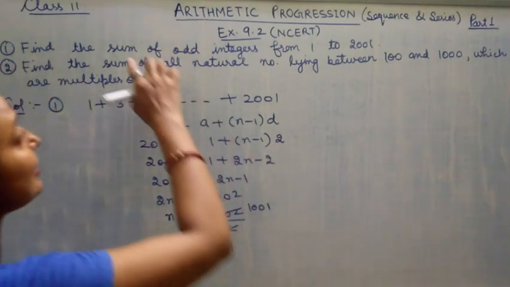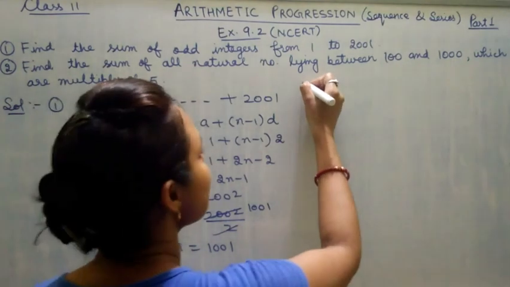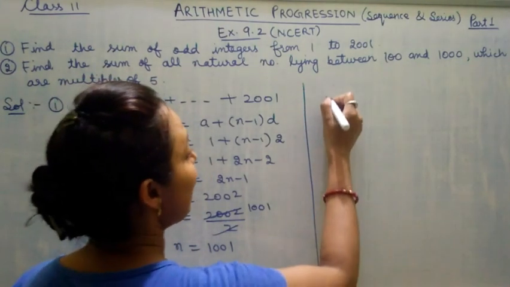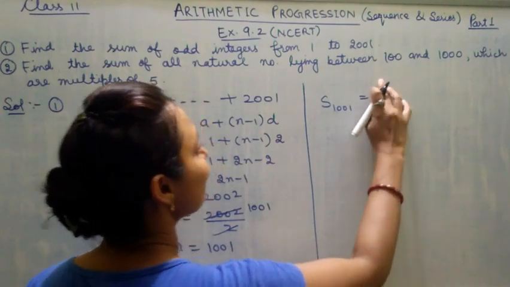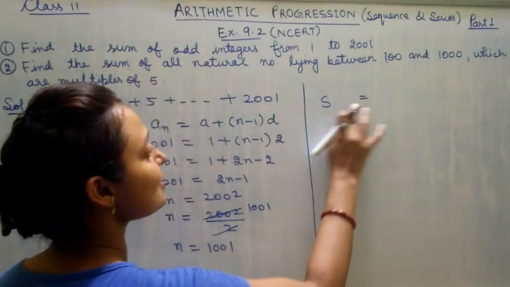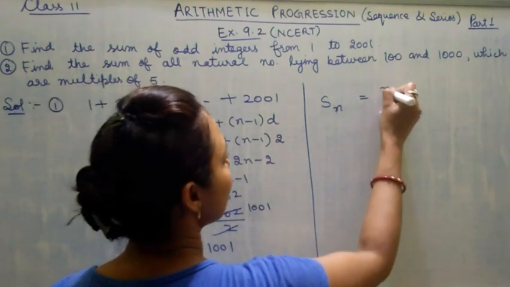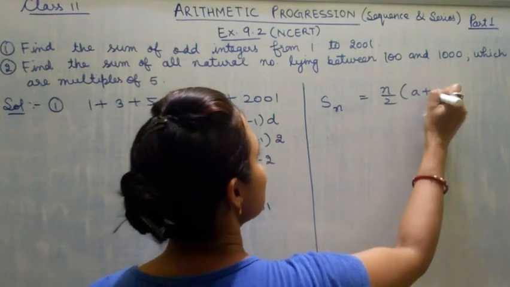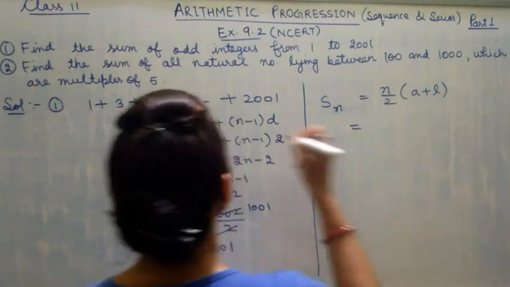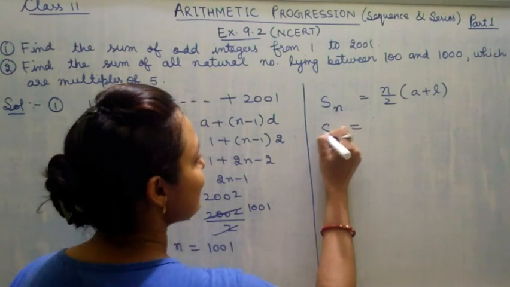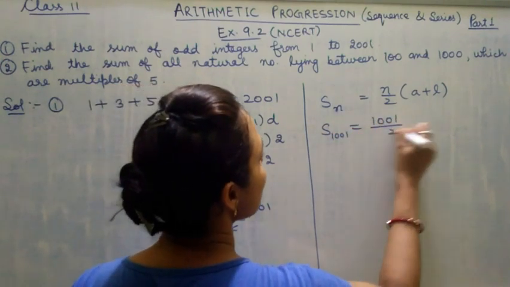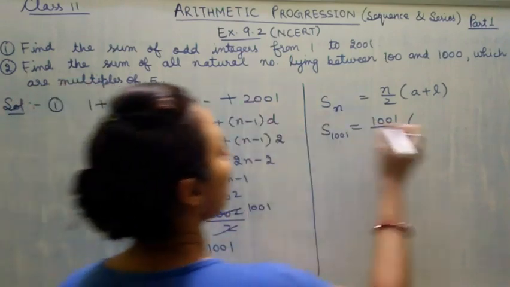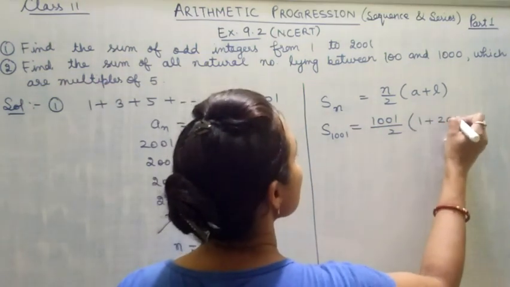Now I will find the sum of odd integers. So S of 1001. I will first of all write the formula for your convenience: n by 2 into a plus l. Here n is 1001, so 1001 upon 2, a is 1, 1 plus 2001.